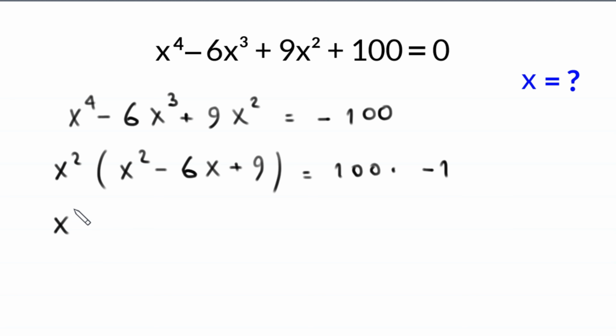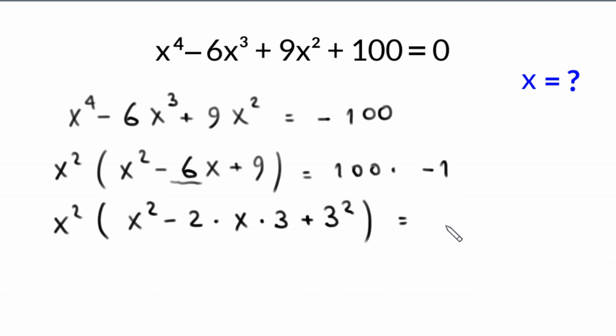Next, x squared times x squared. This negative 6x can be written as negative 2 times x times 3, plus this 9 can be written as 3 squared, equal to, since this negative 1 is equal to i squared, we can rewrite this 100 as 10 squared, and we can rewrite this negative 1 as i squared.